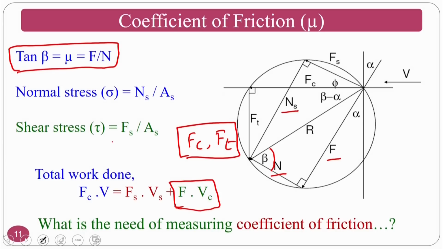Normally the coefficient of friction is the frictional force by the normal force, which is directly proportional to my frictional force. If my coefficient of friction is very high, that means my unuseful energy is very high. So the useful energy goes down for the same input energy.